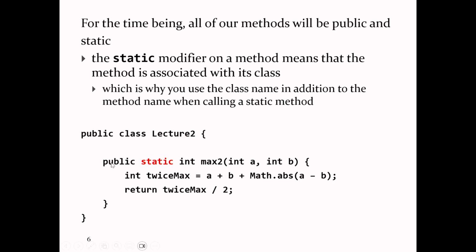If the keyword static is not here, that means that the method belongs to an object whose type is lecture2. So to call a non-static method, you need an object reference, a variable, and then use the variable name followed by a dot followed by the method name. We'll see those in a little bit. For now, though, everything is static for our purposes.